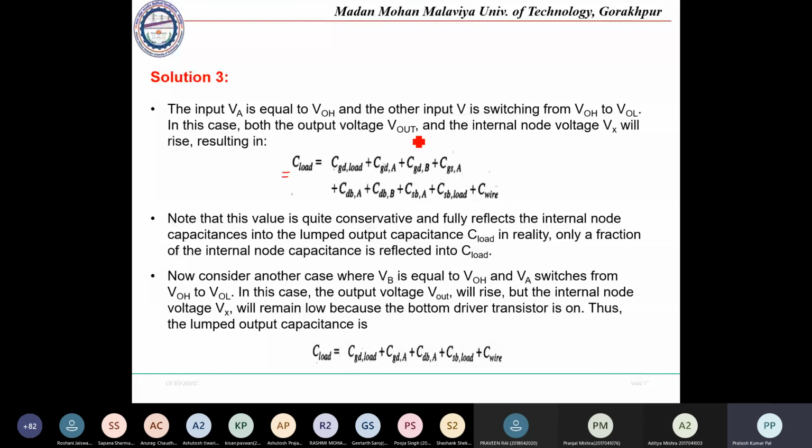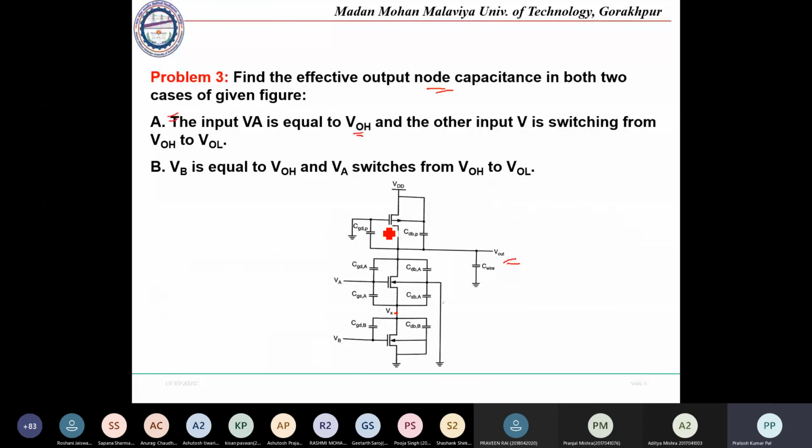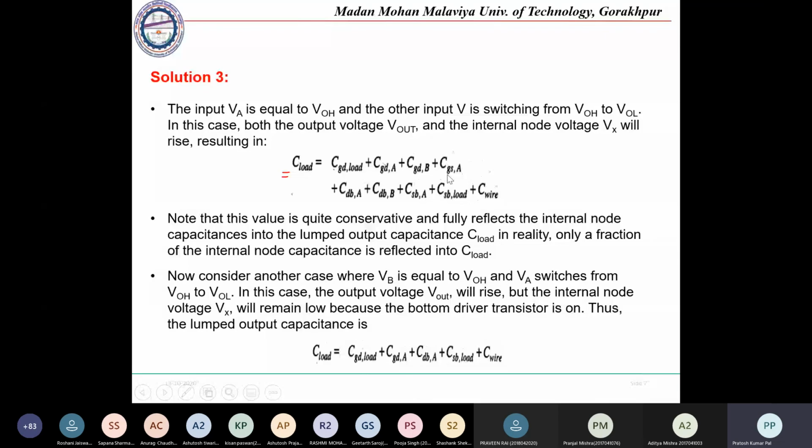Here, in that case, the C load will be given by the CGD of the load, as in this figure. The CGD of the load will always be there, along with CGS, CSB, and the load wire.